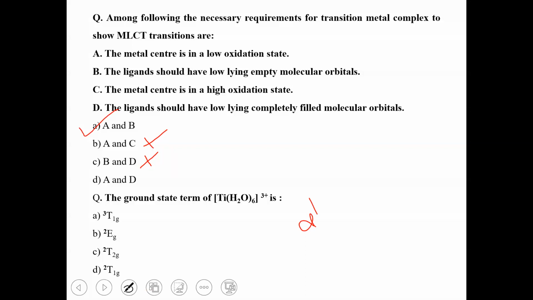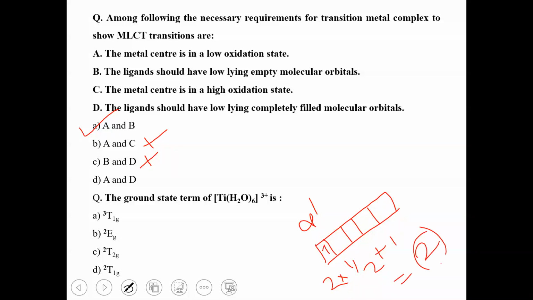If I fill one electron, it will have a spin of half. 2 multiplied by half plus 1, that is 2, so the spin multiplicity will be 2. Or if I calculate the values, plus 2, plus 1, 0, minus 1 and minus 2, so I have L equal to 2. So what will it be?